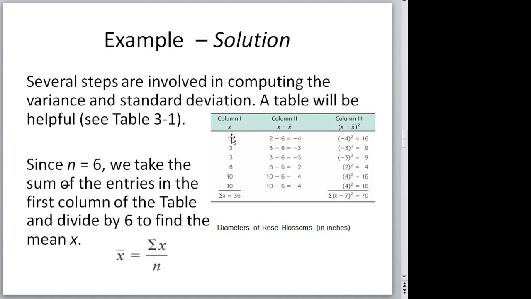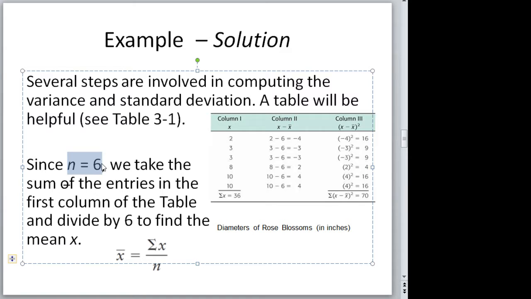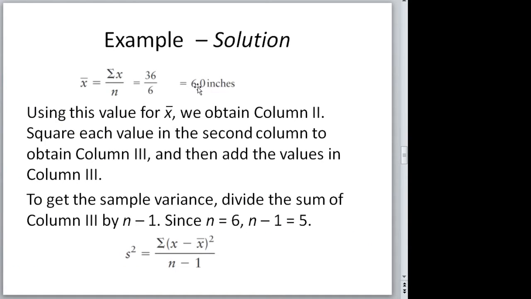These are the original data points. You add them up, which is 36, and you divide that by the total number of data points, which is n equals 6. Then you have 6 as the mean, the average.